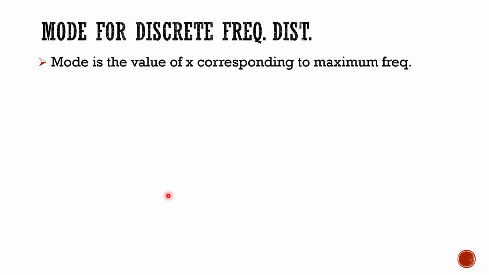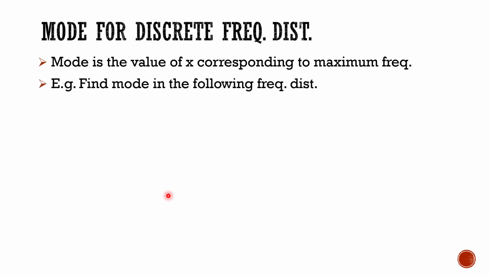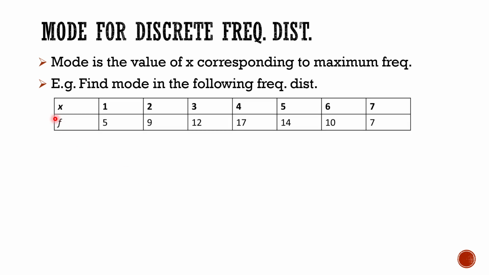Now, mode for a discrete frequency distribution. If your frequency distribution is discrete, then how can you calculate mode? Simply, mode is the value of x corresponding to the maximum frequency. In this particular example, these are the x values and these are the frequencies of occurrence of the corresponding x values.